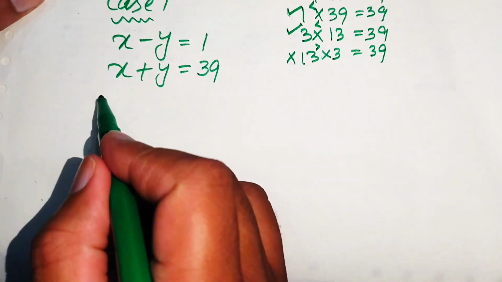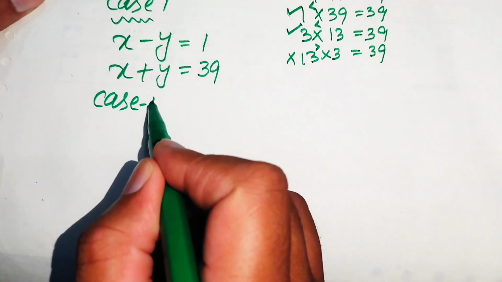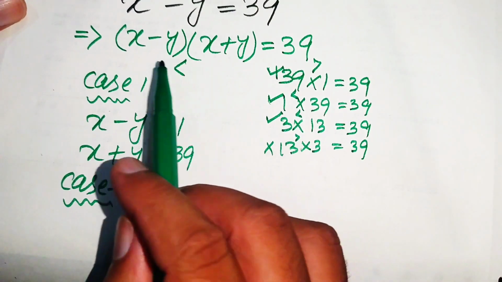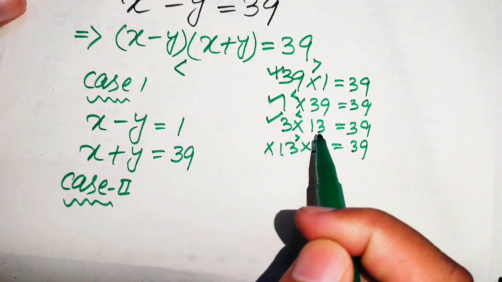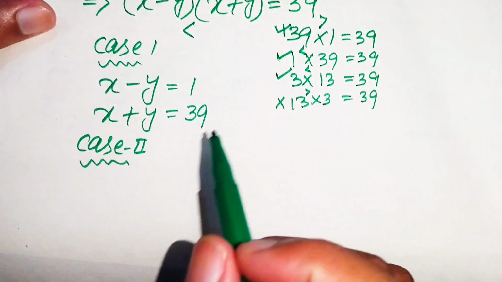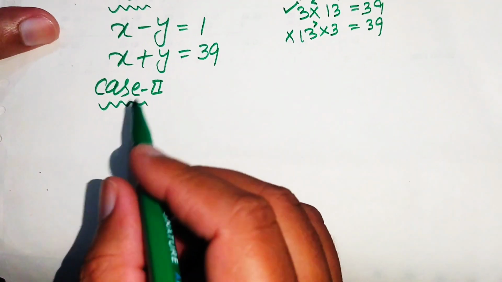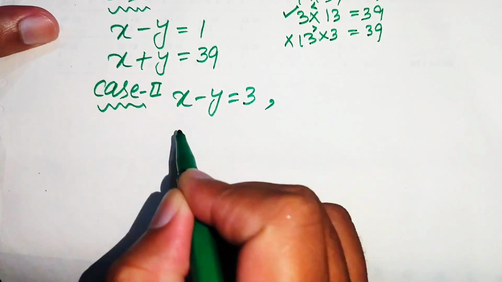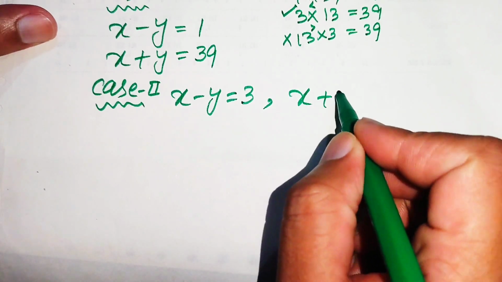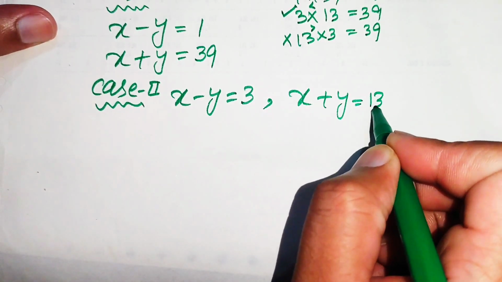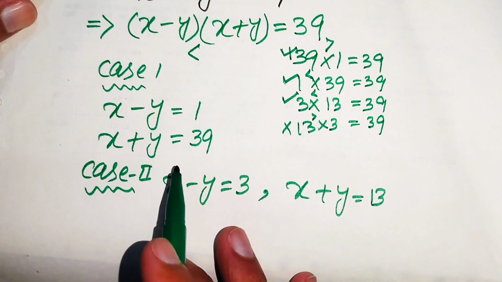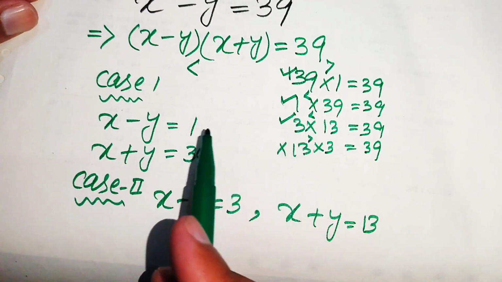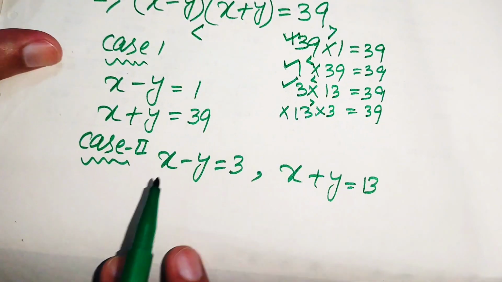Now for case number 2, we compare x − y and x + y with 3 times 13, so it is written as x − y = 3 and x + y = 13. We have these two cases in which we get the possible values, so now we solve these two cases to get the values of x and y.